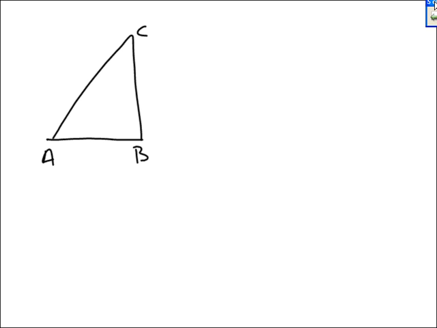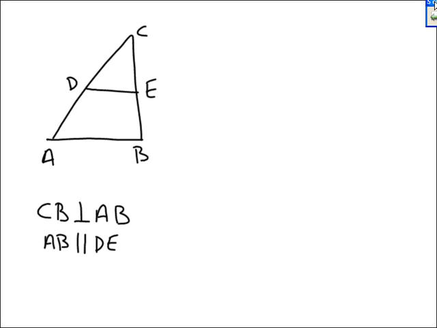A, B, C, and D, E. And you are given the following. CB is perpendicular to AB. And AB is parallel to DE.